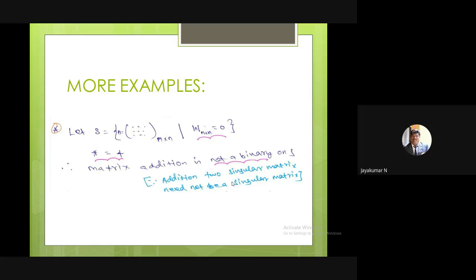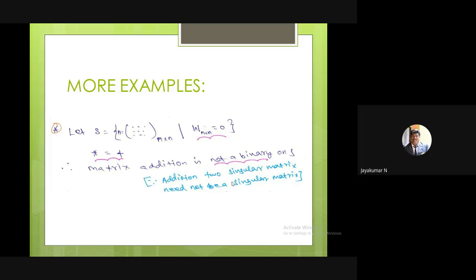If I choose n by n matrices, with the specification that A is a singular matrix. What do you mean by singular? If the determinant of the matrix is 0, then it is a singular matrix. Under addition, it is not binary, because addition of two singular matrices need not be a singular matrix.